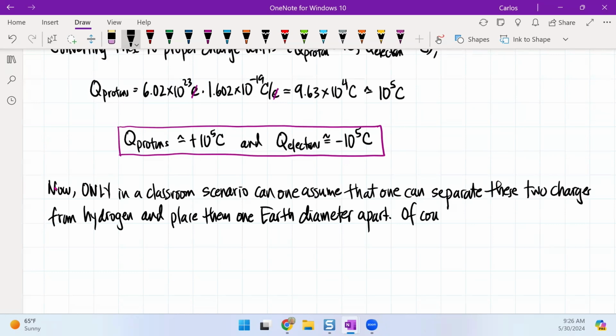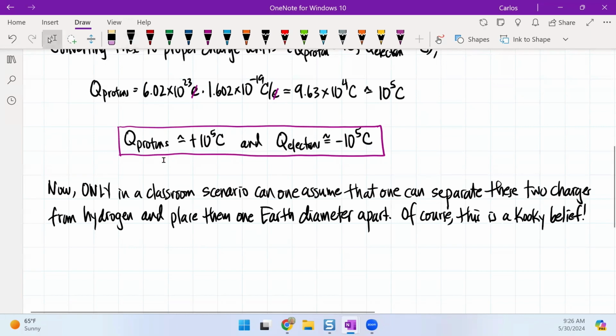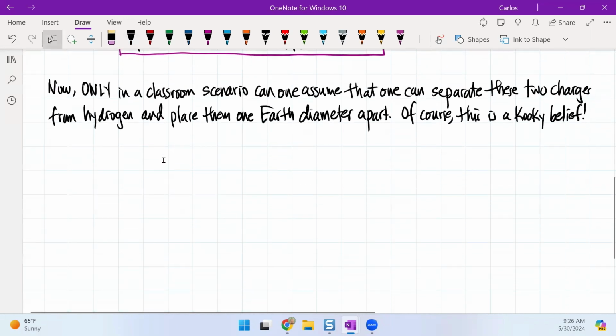Of course, this is a kooky belief, but this is a classroom scenario.